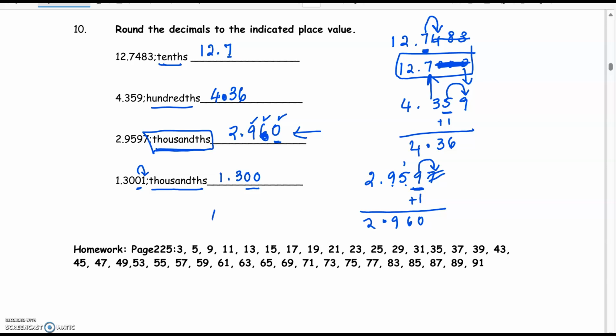The value is the same as 1.3, but you cannot discard the 2 zeros at the end because we want to show that we've rounded to the thousandths place, which means all 3 place values have to be visible, even if the last 2 are 0. So this is important.